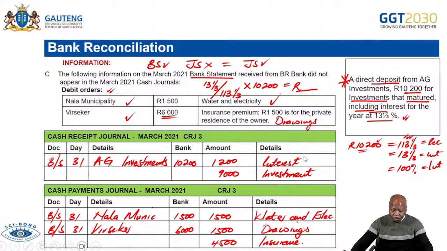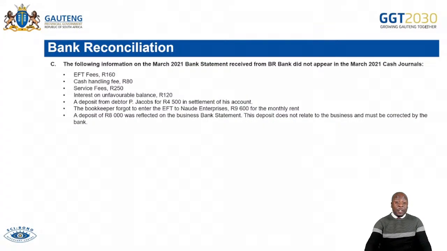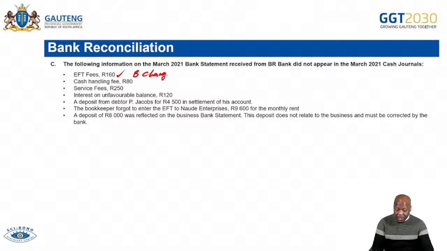Now let's continue to the next one. The next one is information C. Information C reads as follows: EFT fees 160. So I know if I have EFT fees 160, these are what we call bank charges. I have cash handling fees and service fees.